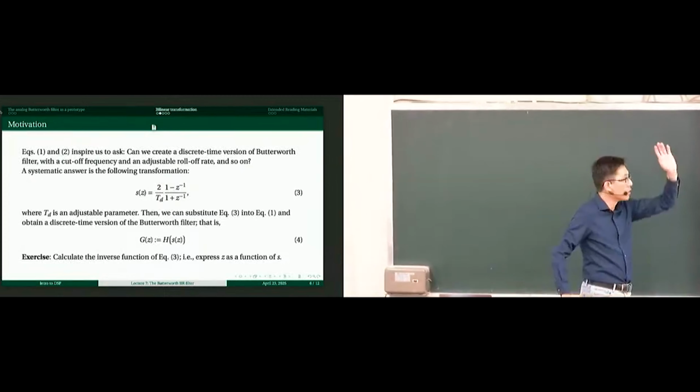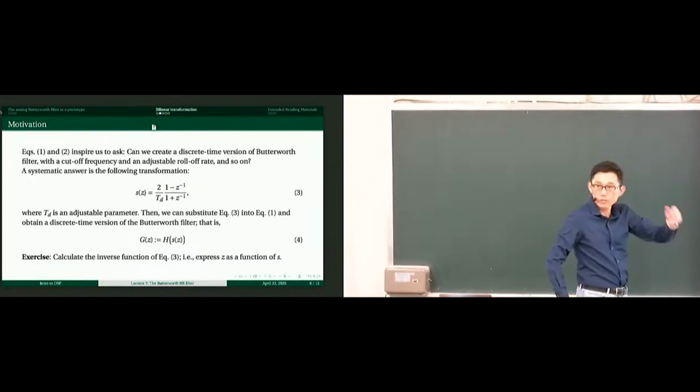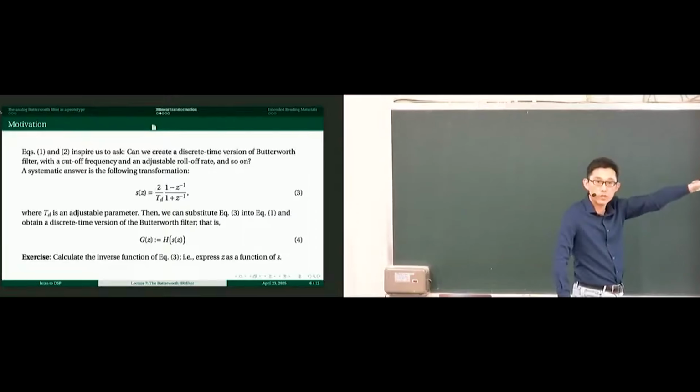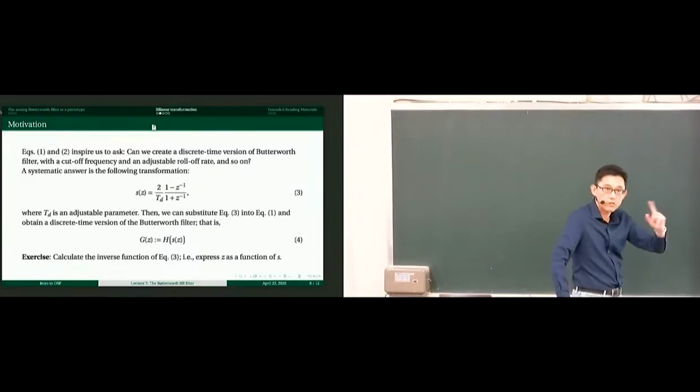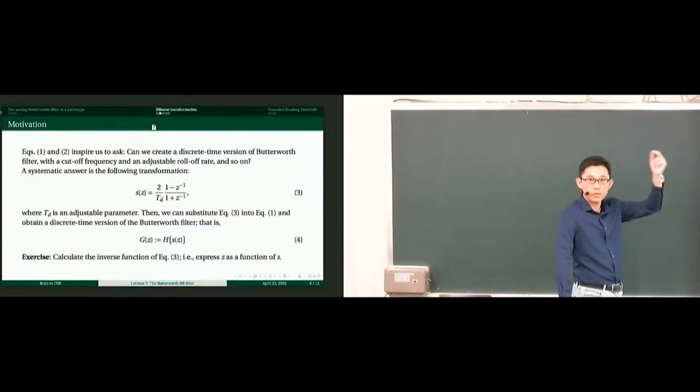In general, it's going to be our old friend B of Z divided by A of Z. And when you have that expression, it's rather straightforward to find the difference equation corresponding to B of Z divided by A of Z.